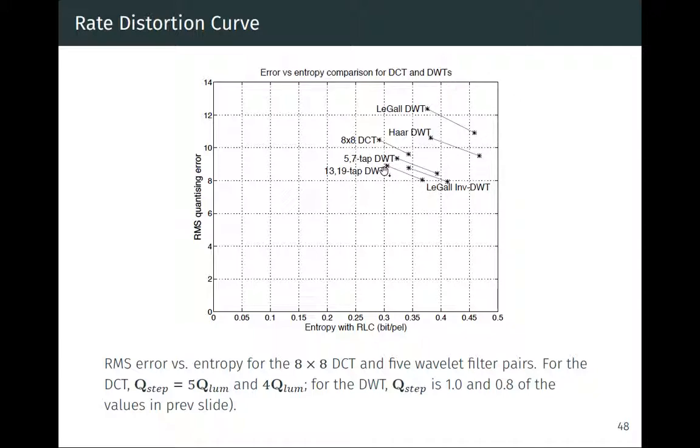You can see here clearly that the 13/19 tap discrete wavelet transform is actually much better than even the by DCT or the Haar transform. So now you have a proper objective metric on how well you're doing.